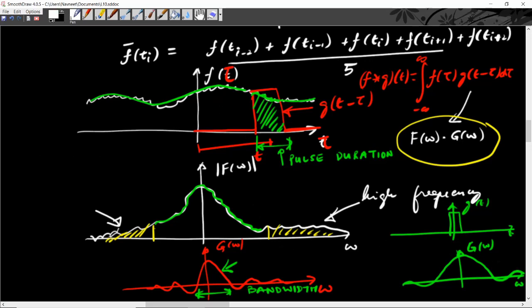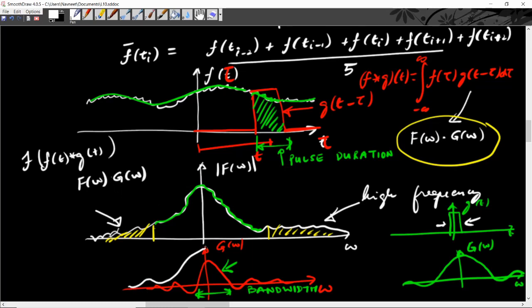So if we convolve our function f of t with a pulse that is narrow, then we would be multiplying the Fourier transform of this function f of t with a sinc function that is broader.